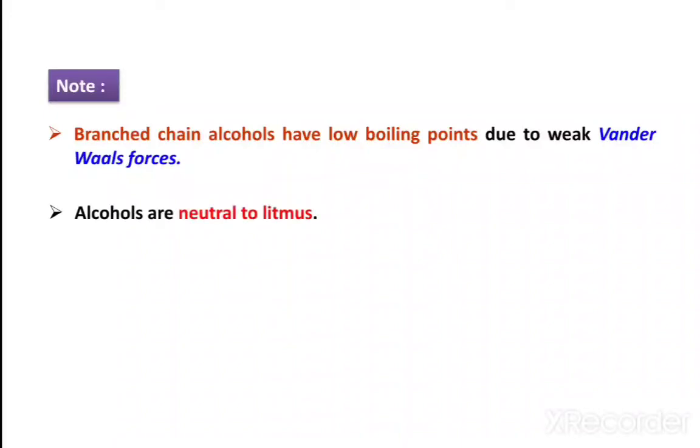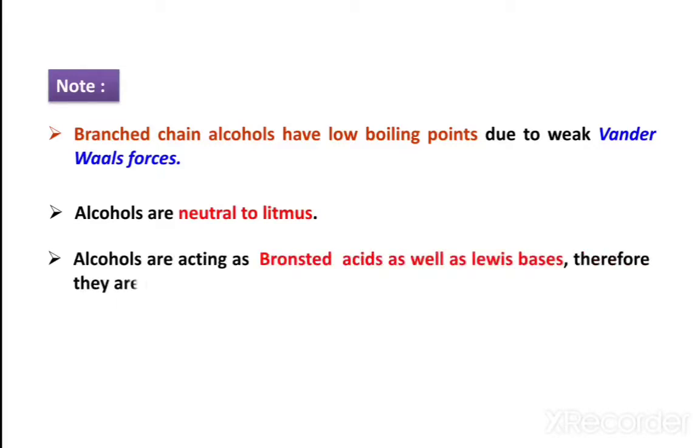While the alcohols are neutral, if we take the test, that is alcohols are neutral to litmus, then alcohols act as a Bronsted acid as well as a Lewis base. Therefore, they are reactive. What is the meaning of the Bronsted acid?